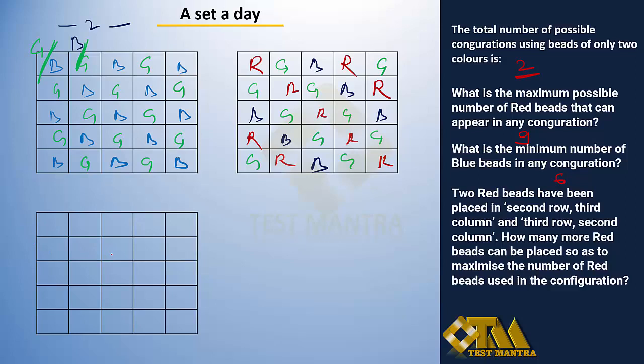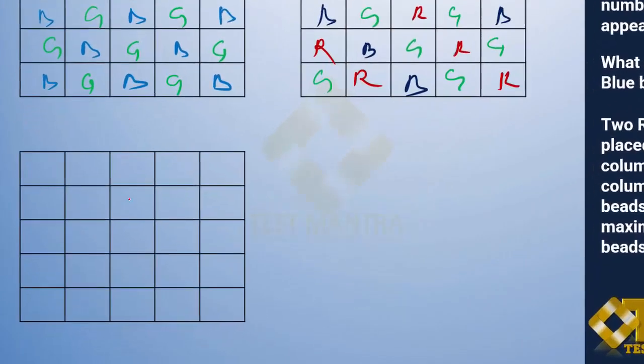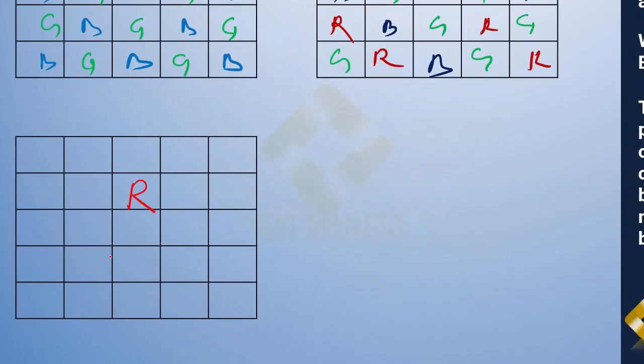Second row and third column red is available at this point, and third row and second column. How many more red beads can be placed so as to maximize the number of red beads used in the configuration? I want to maximize my number of reds, so I'll have to move in a similar fashion. I'll have to move in the diagonal format.